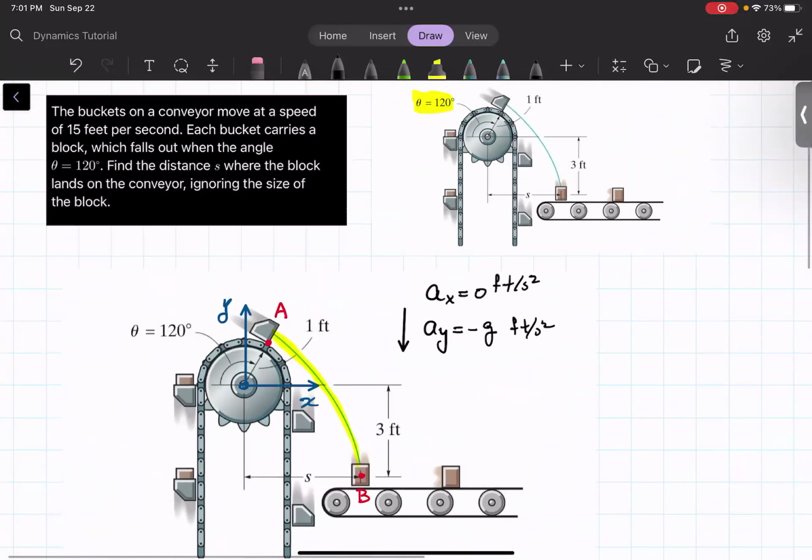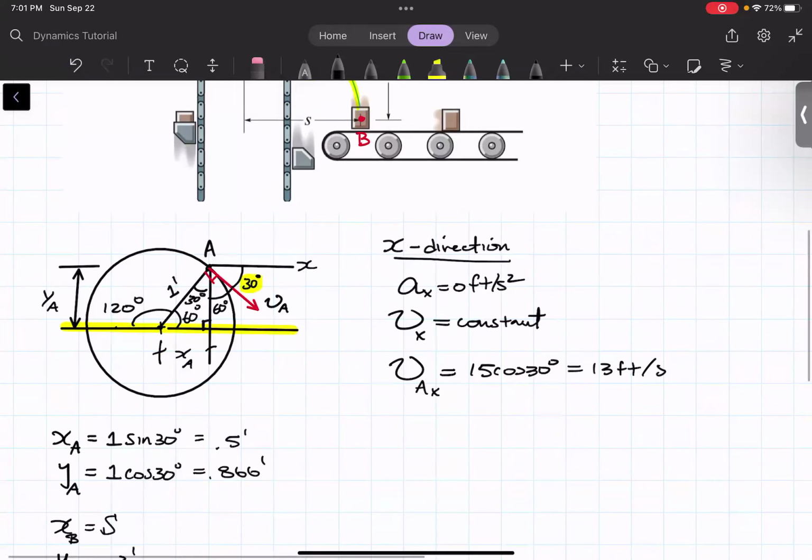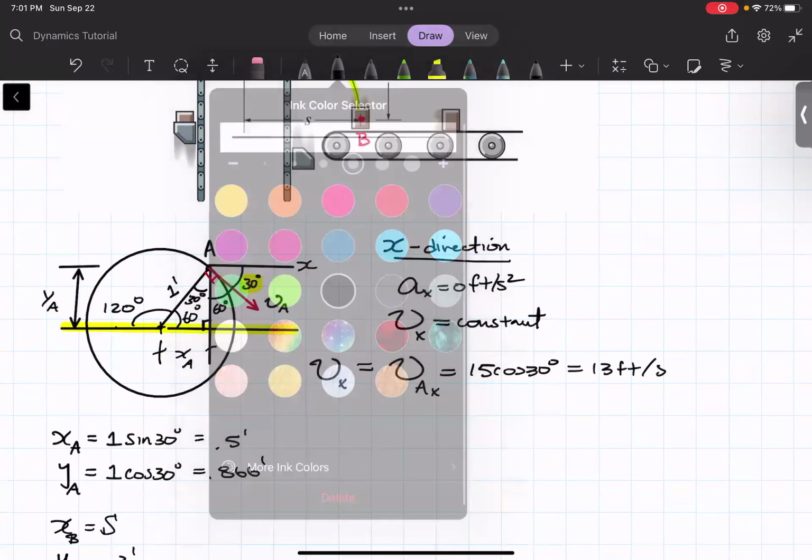The discharge velocity is 15 feet per second, so it's 15 cosine 30. How do I know? We use the reference angle that we calculated. So we have a velocity of about 13 feet per second. That velocity in the x is constant, so we could just label it as Vx because it's not going to change regardless of point.